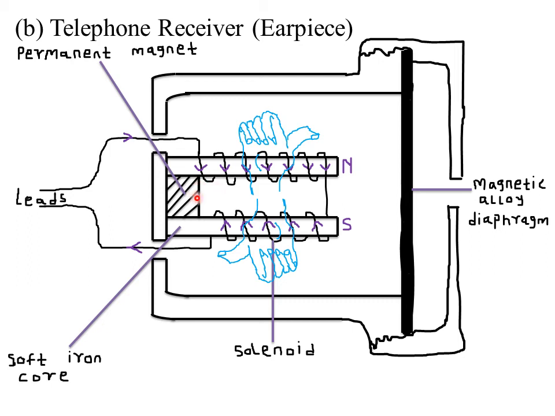Now, the interaction of the magnetic field of the conductor carrying current and the magnetic field of the permanent magnet causes this solenoid to vibrate. When this solenoid vibrates, it also causes this diaphragm to vibrate. As the diaphragm vibrates, it produces the sound that was made by the person through the microphone.